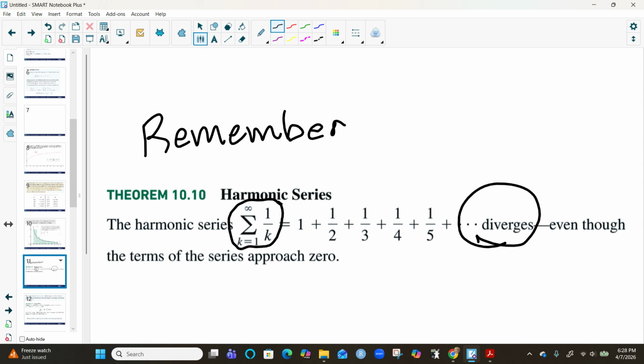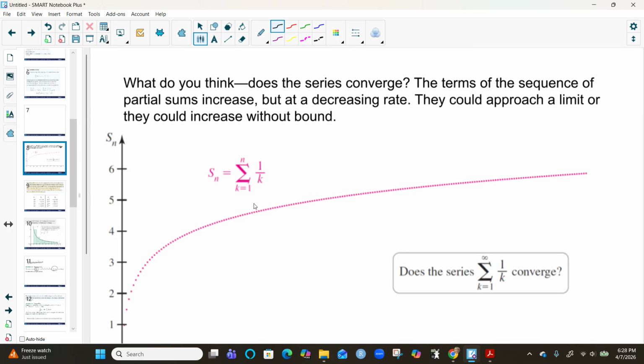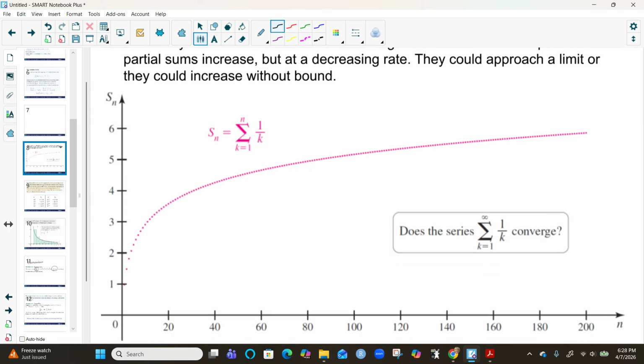This is a special case. Okay? So the limit is 0, which makes it inconclusive. But in doing some different kind of analysis, we can take a look at what's happening, and that is not converging.